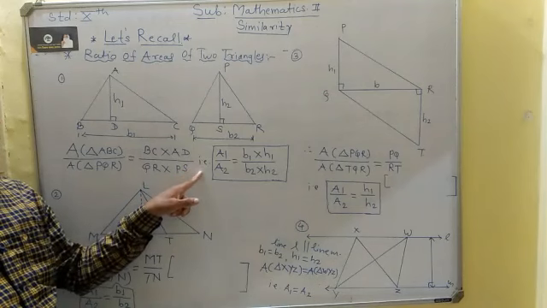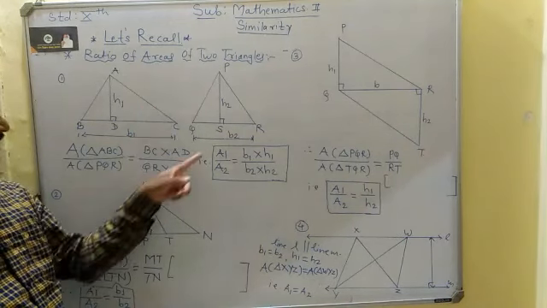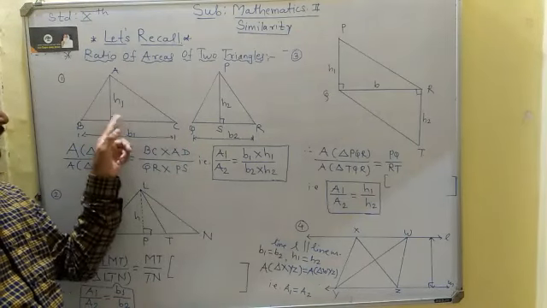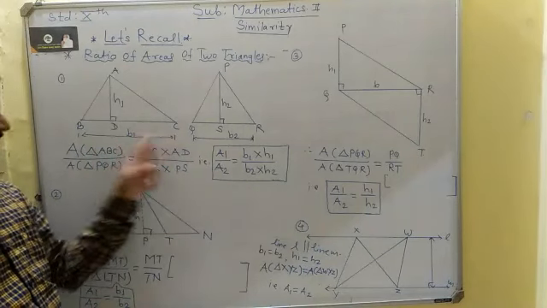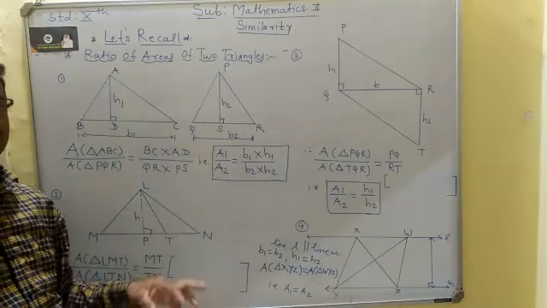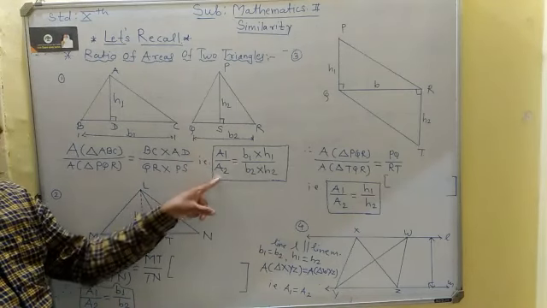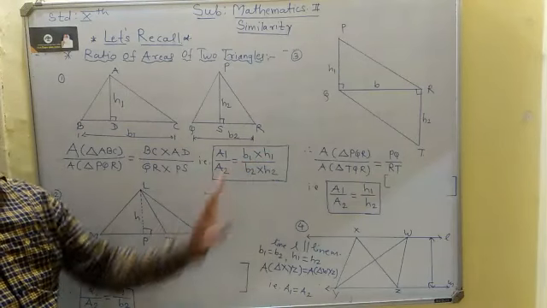That means if we denote the areas of the two triangles by A1 and A2, their bases by B1 and B2, and their heights by H1 and H2, then in short A1 upon A2 is equal to B1 into H1 upon B2 into H2.